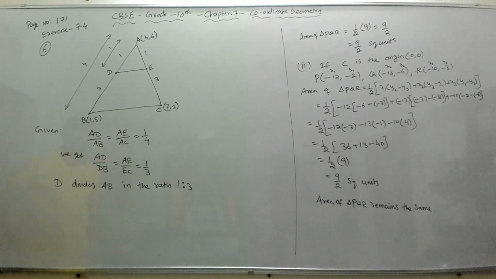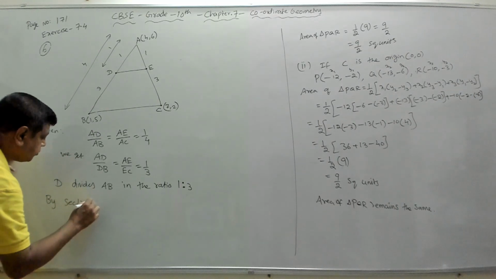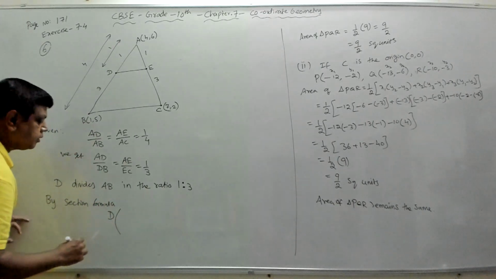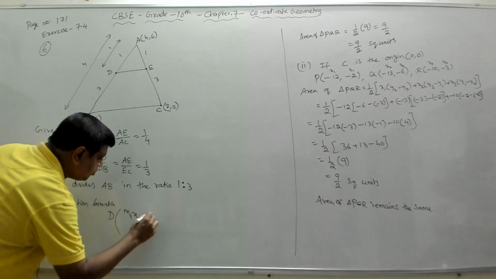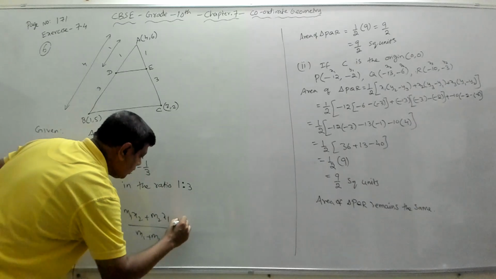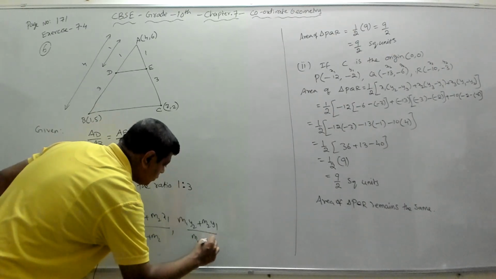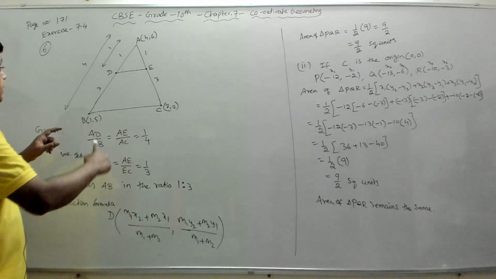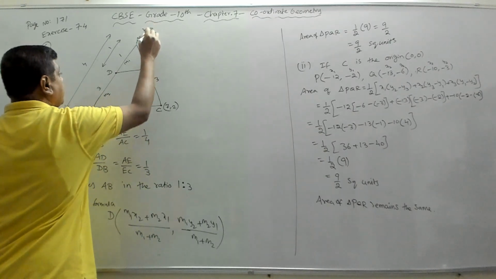Now, by the section formula, we can find the coordinates of D. The section formula gives us the coordinate D as (m1 x2 plus m2 x1 by m1 plus m2, comma, m1 y2 plus m2 y1 by m1 plus m2). This is the coordinate of the point given by the section formula if it divides in the ratio m1 is to m2, where this is your x1, y1 and this is your x2, y2.